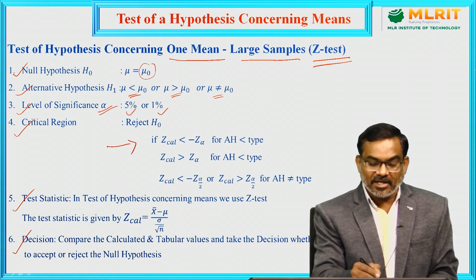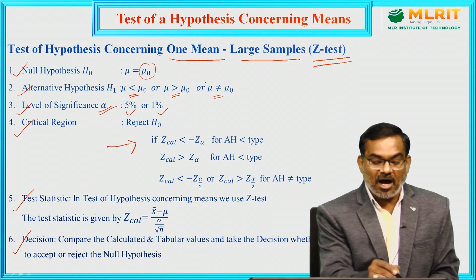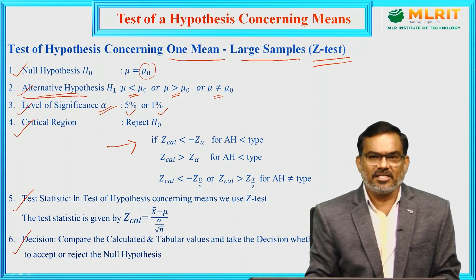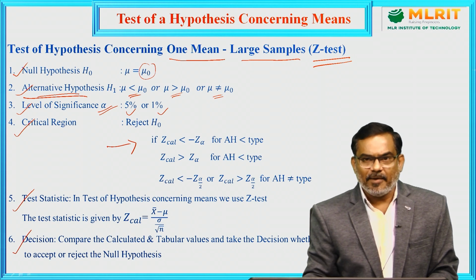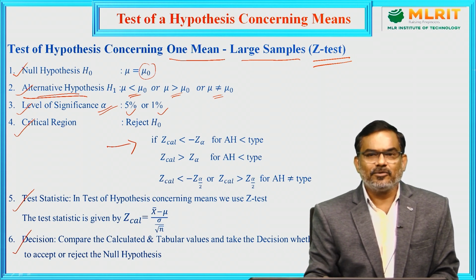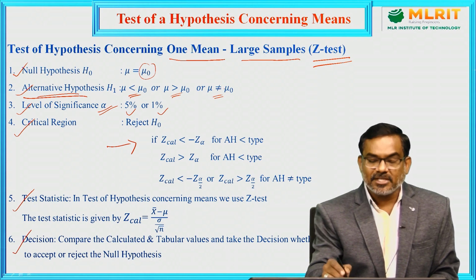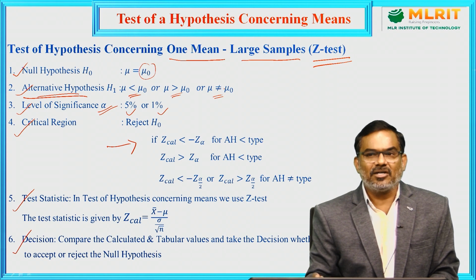Again, the critical region depends on the alternative hypothesis. As we have discussed in the last session, depending on the alternative hypothesis, the tests are divided into two types, one tail test and two tail tests. If the alternative hypothesis is not equal to type, then the test is called two tail test.